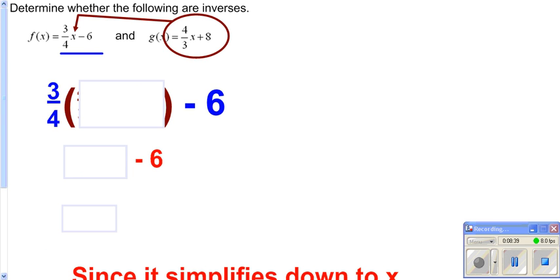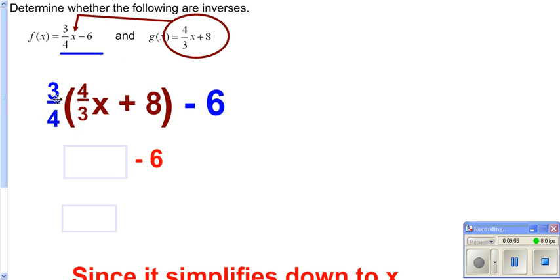So for this particular problem, you're asked to determine if these are inverses. They'll be inverses if you take one and plug it into the other and it reduces down to x. If it does not reduce down to x, they're not inverses. So in this case, I'm going to take this one right here and plug it in over here for x. So I have my 3/4 here times my input, which is my other function, minus my 6.